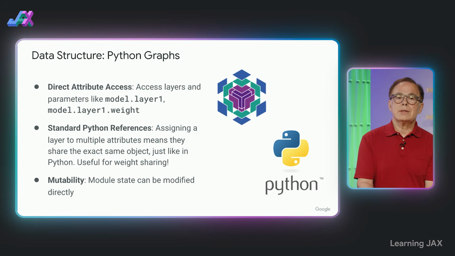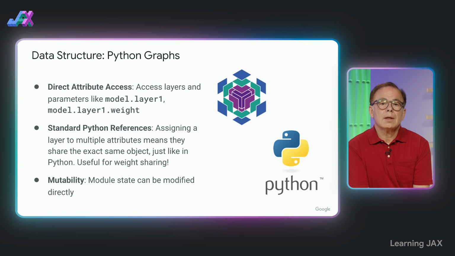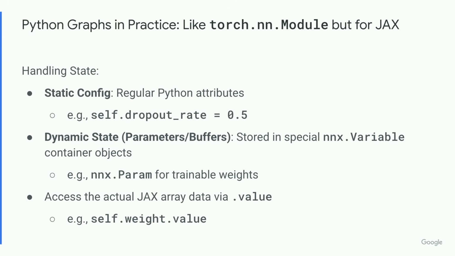Now, let's dive into how state, like the actual weights and biases, is managed within these objects. State management is explicit. Static configuration like hyperparameters, so dropout rates and hidden sizes, are just stored as regular Python attributes.